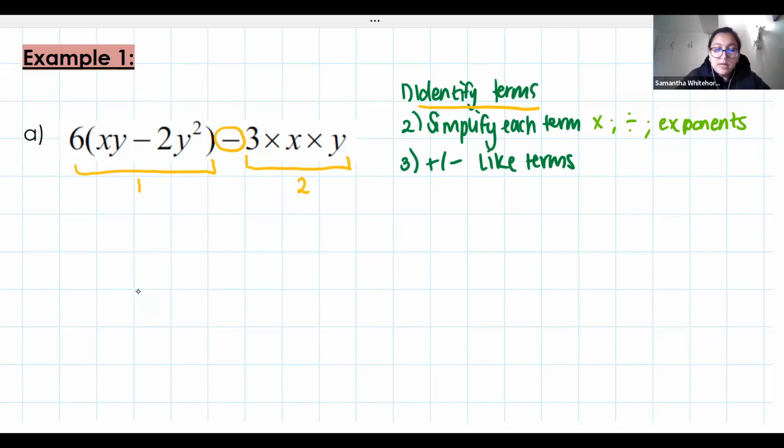Right, so I've given you a hint. I've told you what your next step needs to be. You now need to simplify each of your terms. Let's see what we get.